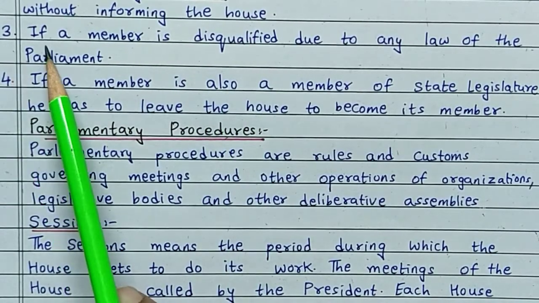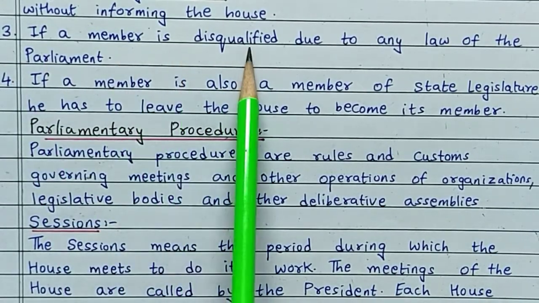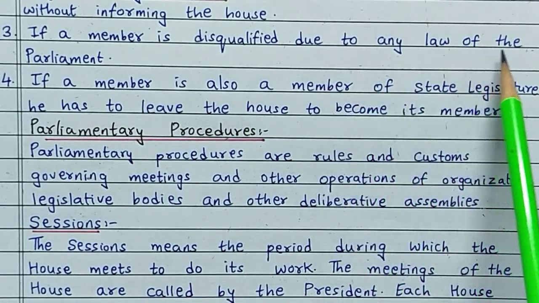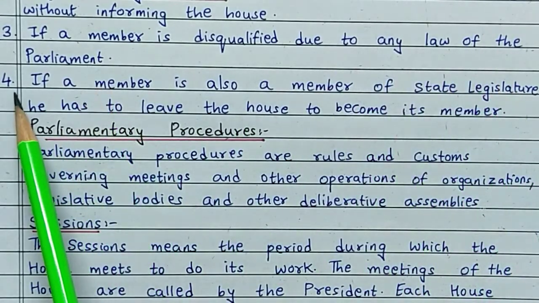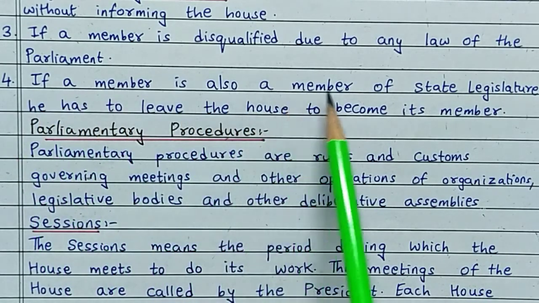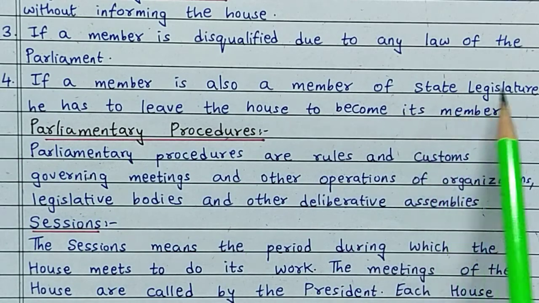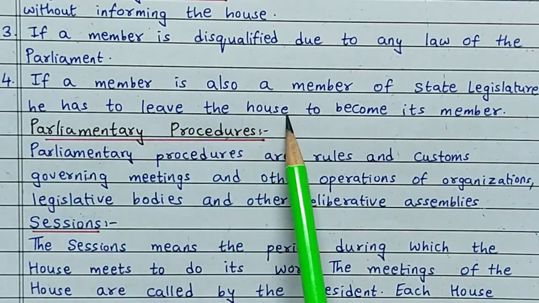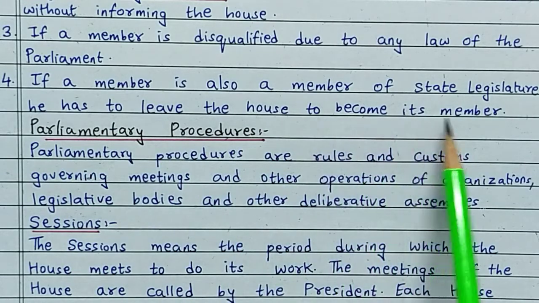Number 3, if a member is disqualified due to any law of the Parliament. Number 4, if a member is also a member of a state legislature, he has to leave the House to become its member.